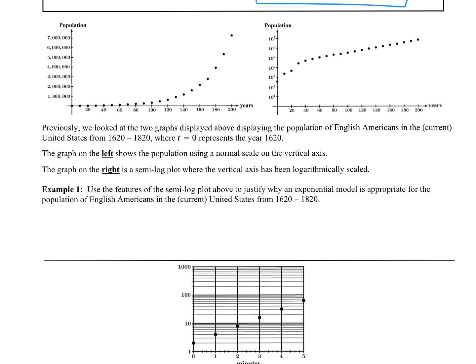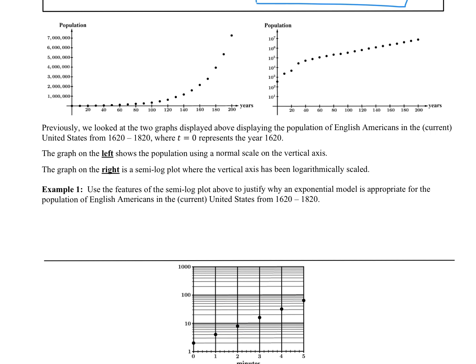All right, so this is our normal scaling. It's not logarithmically scaled at all. What kind of function does this look like? Exponential. It looks like exponential growth. And when it was semi-log plotted, with the vertical axis logarithmically scaled, what kind of function does it look like? Linear.